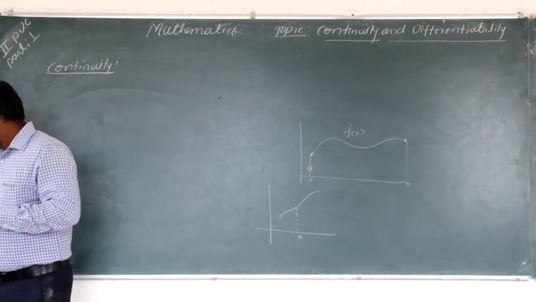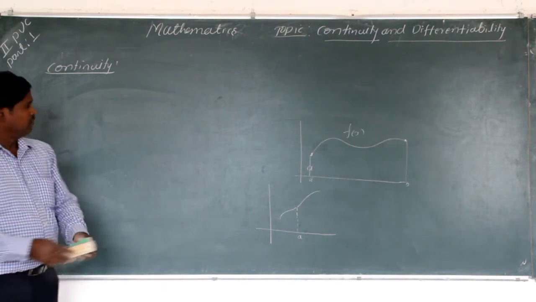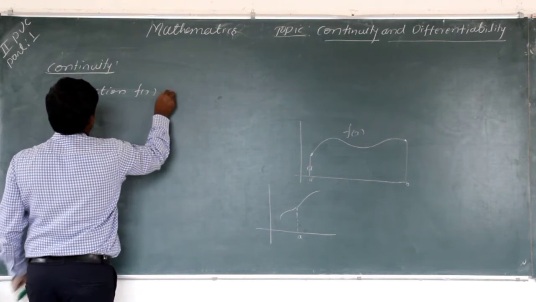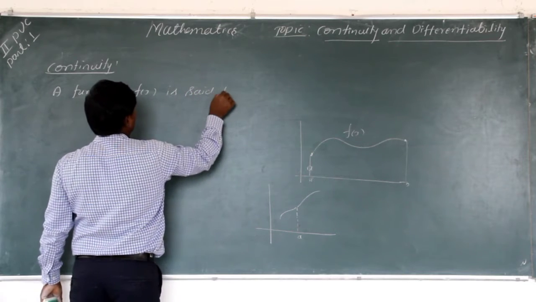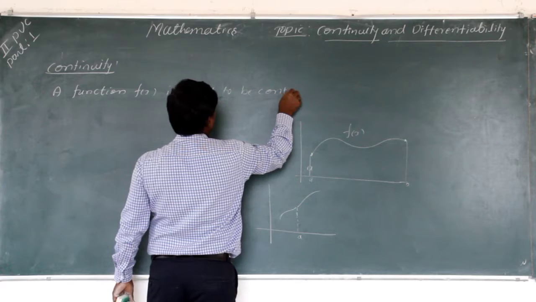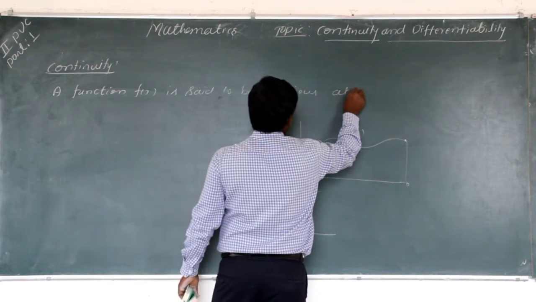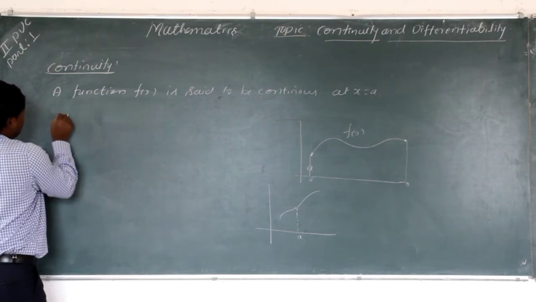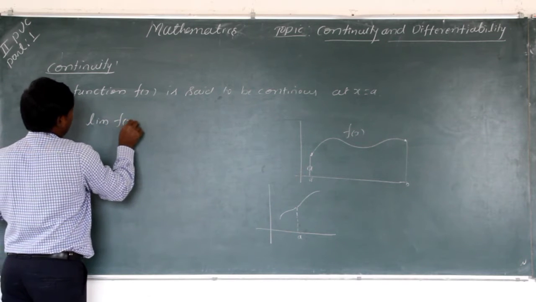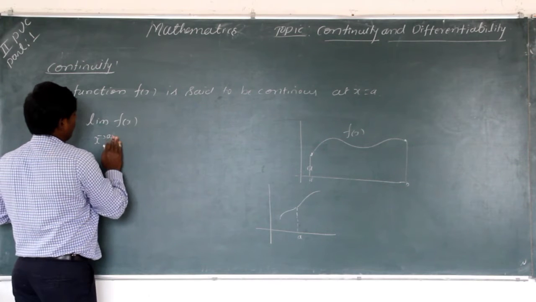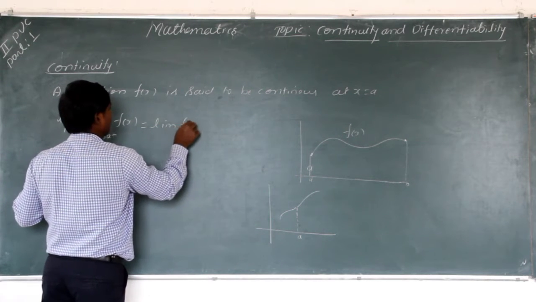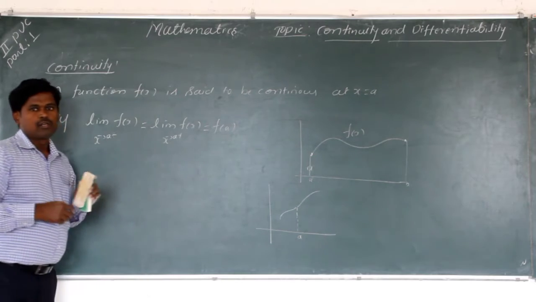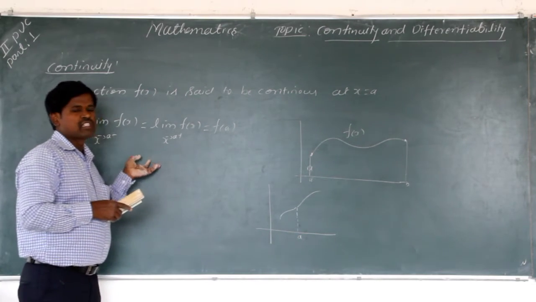A function f of x is said to be continuous at x is equal to A if limit f of x as x tends to A minus is equal to limit f of x as x tends to A plus, which is equal to f of A. Okay, then the given function is said to be continuous.